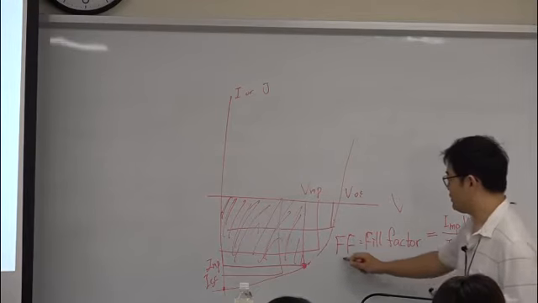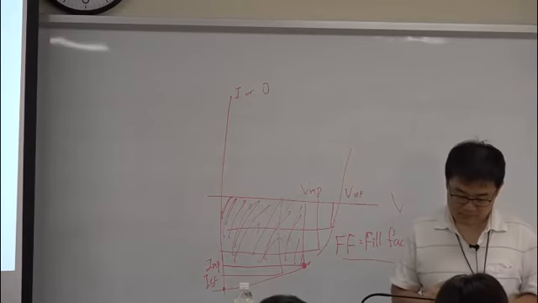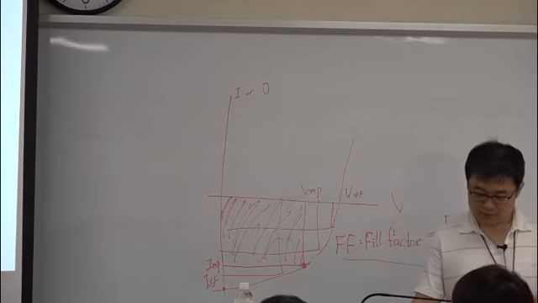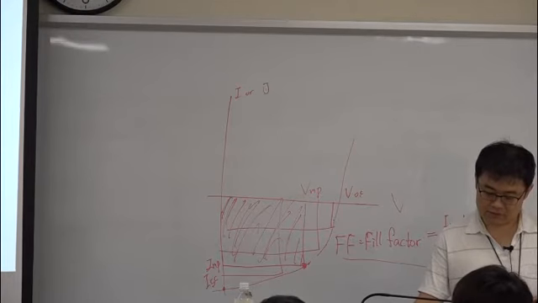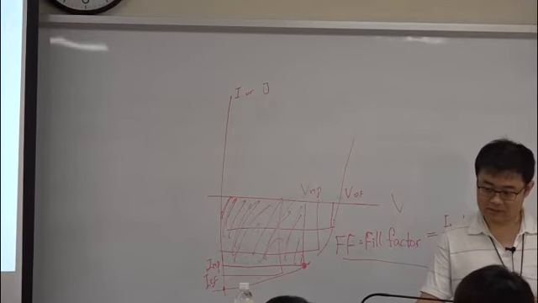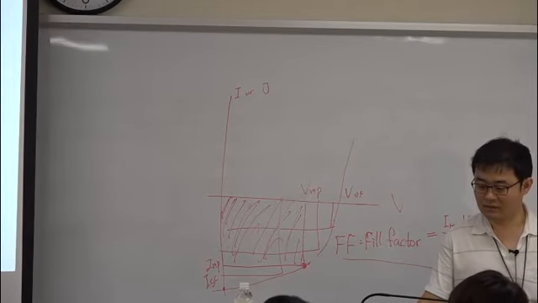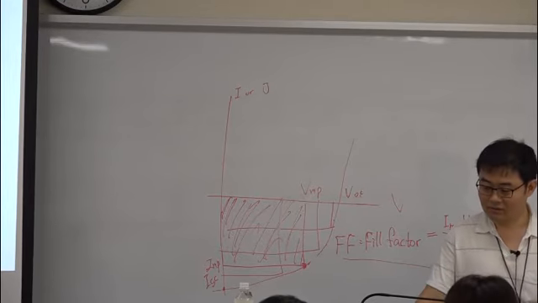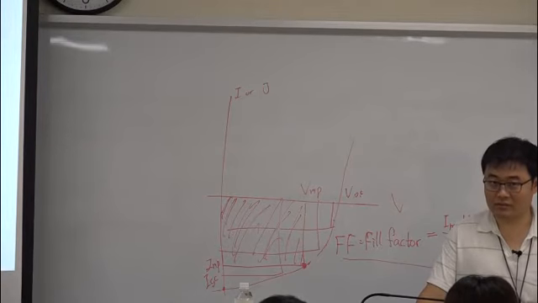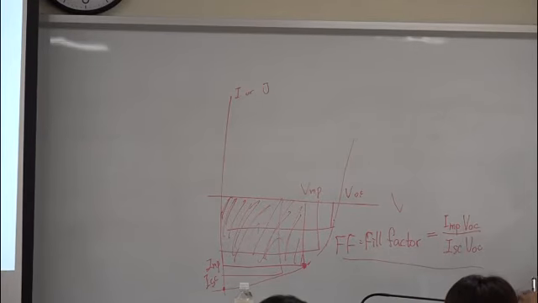So that is the definition of the fill factor. That is why this relationship is satisfied, and based on this relationship we can make this final equation to measure the efficiency of the solar cell.